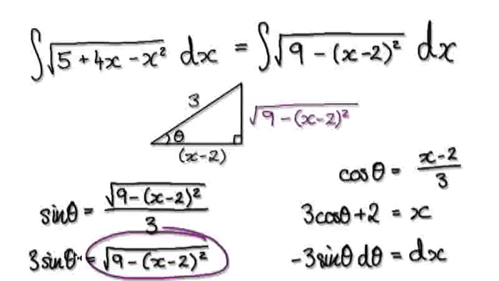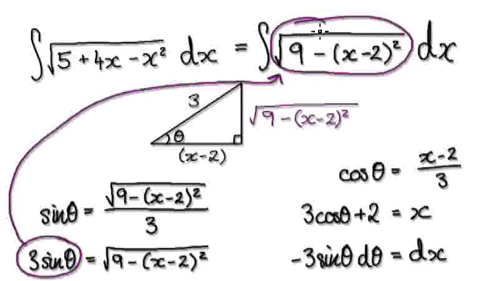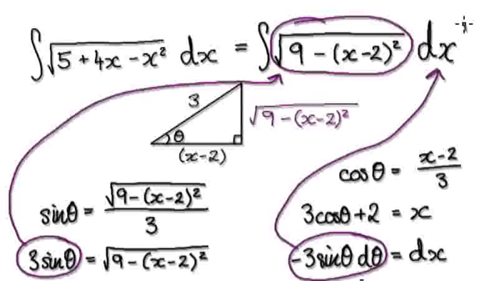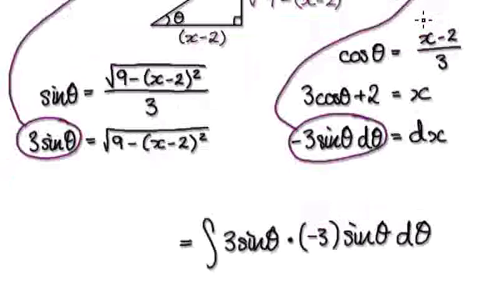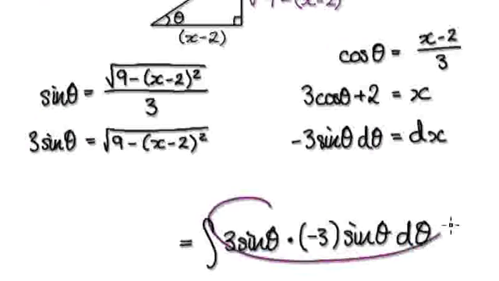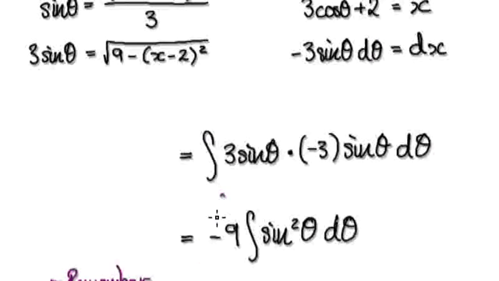So this complicated thing here is the same as this. So we can put this into this whole thing here. And then don't forget this dx here, we can put it into here. So this whole thing here will then become this.